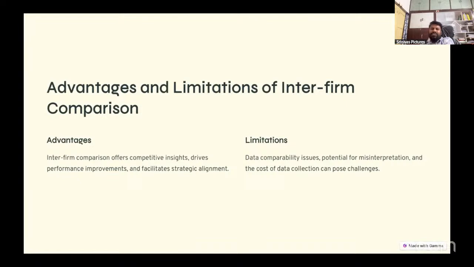Data comparability issues, potential for misinterpretation, and cost of data collection can pose challenges. So this is the limitation. So this is the brief about uniform costing and interform comparison.